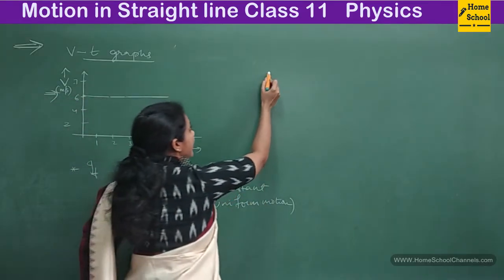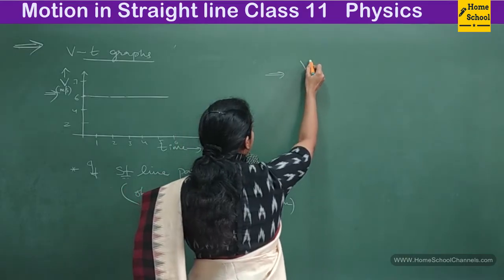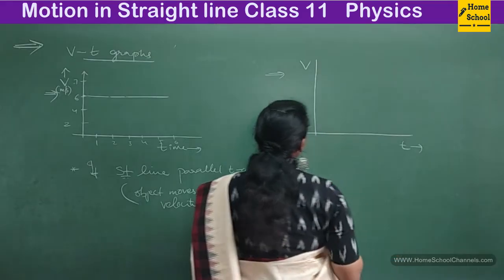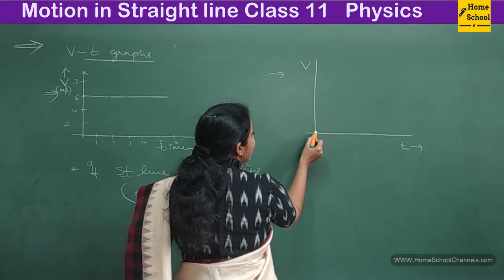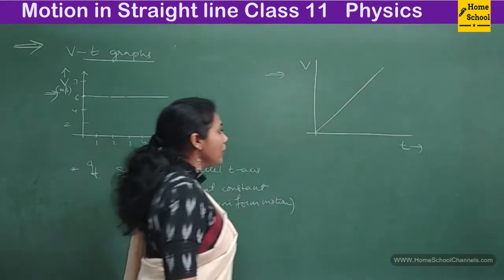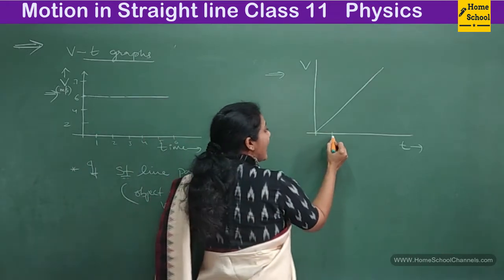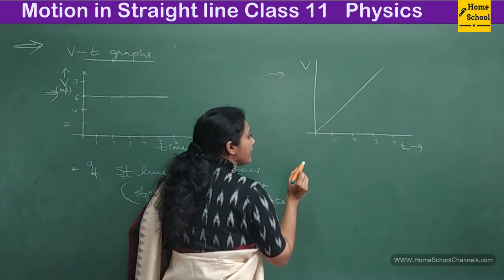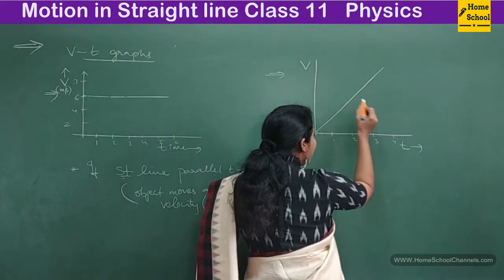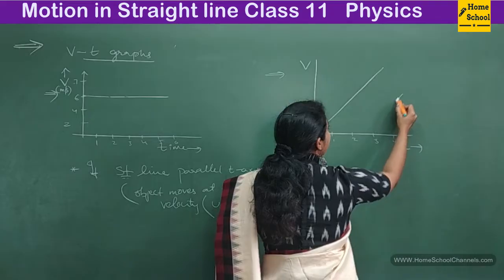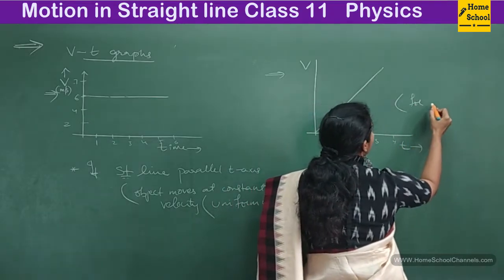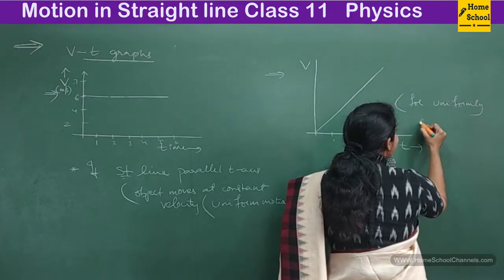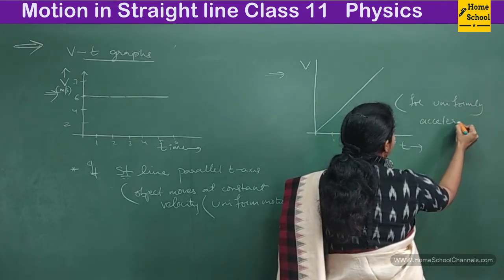And coming to the next type of VT graph, you see V on this axis and T on this axis. Say if I have a line something like this. See here, as the time increases, our velocity is also increasing, right? And it means that this is a graph for a uniformly accelerated body.